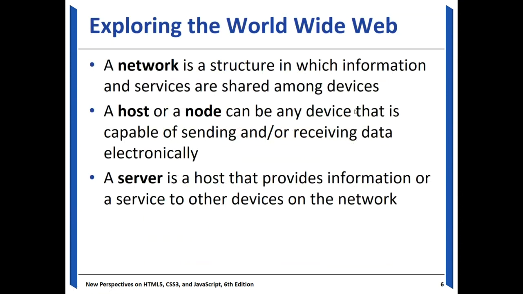When we look at the web, the World Wide Web is a network. Networks are structured so that information and services are shared among devices. What you're doing is connecting to a central location that allows you to connect to other servers, computers, and so forth. A host or node can be any device that is capable of sending and receiving data electronically. A server is a host that provides information or service to other devices on the network.